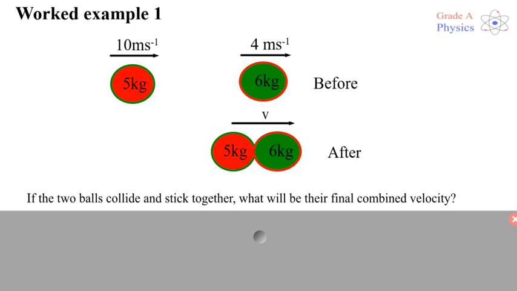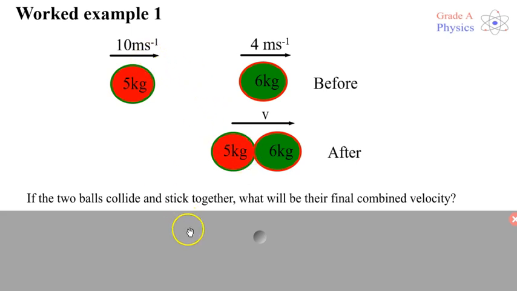So let's look at some examples. This is a straightforward one. This is more of a GCSE question. I've got a 5 kilogram mass traveling at 10 meters per second, and it collides with a slower moving mass, 6 kilograms, moving at 4 meters per second, and they stick together. Now, if these were rolling balls, then they probably wouldn't stick together, but ignoring that slight issue, they collide and stick together. This is probably more applicable to vehicles colliding, in which case they stick together.